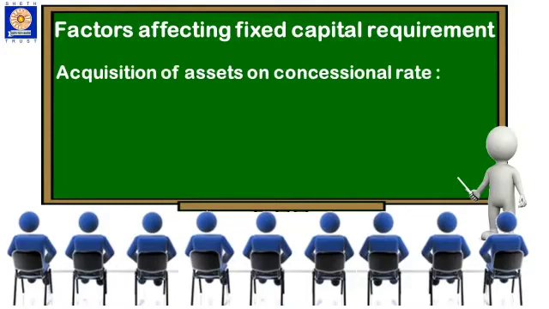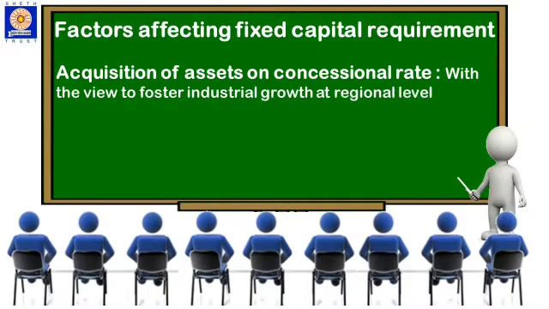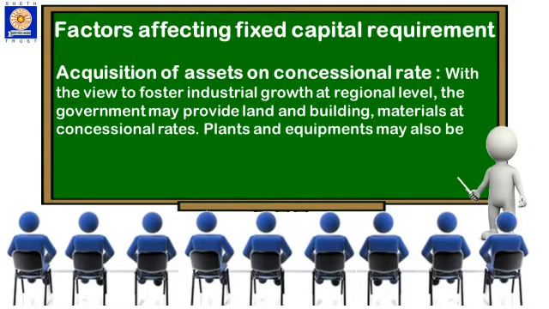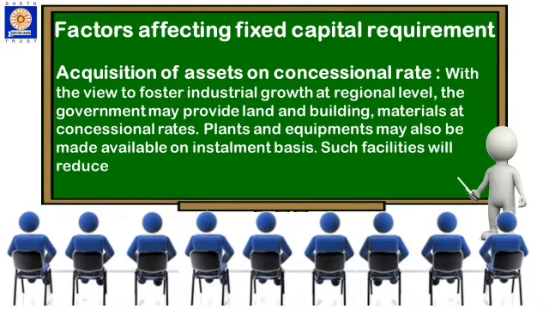Our next point is acquisition of assets at concessional rate. In order to promote industrialization and to motivate entrepreneurs, the government has created many programs which support entrepreneurs and industrialists at the initial stage, especially in buying fixed assets required for the company or the firm.